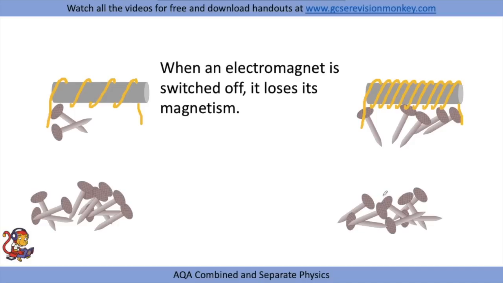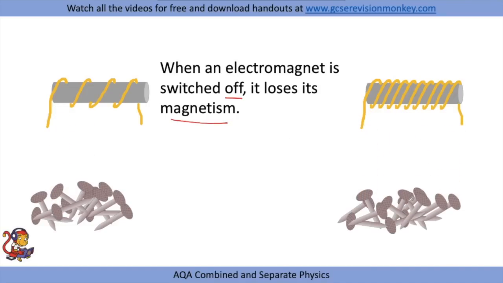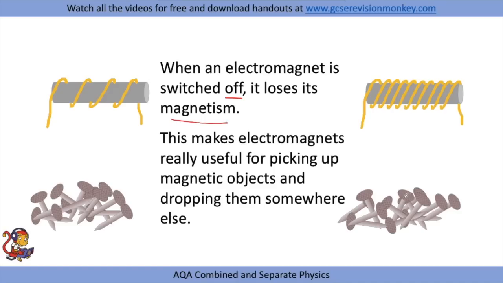Electromagnets are useful because when an electromagnet is switched off, it loses its magnetism. So if we switched these off now, it would drop the nails, and this makes it useful for picking up objects and dropping them somewhere else. So for example, on a scrapyard, they're used to pick up magnetic objects and drop them somewhere else in the scrapyard.